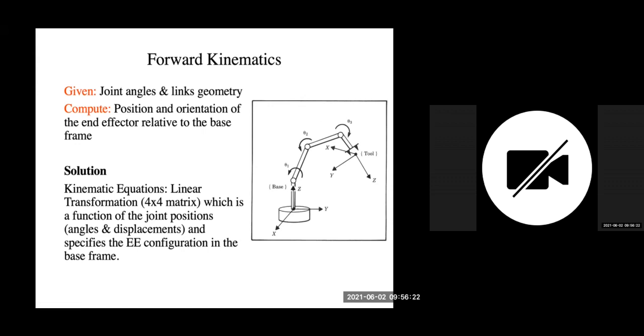The solution is to use the kinematic equation, which is a linear transformation. I won't talk about the technical aspects; you can check it out. The linear transformation is a function of the joint positions and specifies the end effector configuration in the base frame. There's a relationship we can derive using geometry. Given the angles and link geometry, you can compute the position and the orientation.